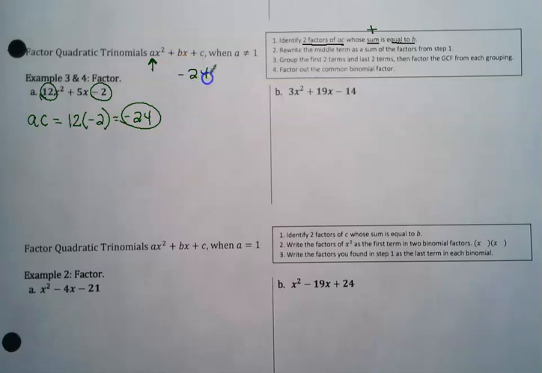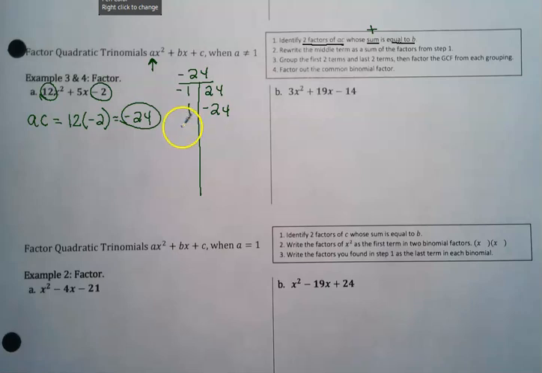Okay, so I like to make a list or a table of those. So like -1 times 24 would equal -24. Or we could have a +1 times a -24. That would also equal -24. And you might think, well, this is ridiculous, to list both of them out. You don't have to do that later. I want you to understand why it's important, so I'm going to do it.